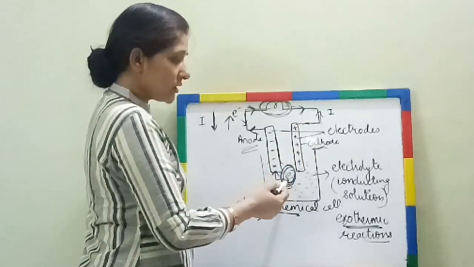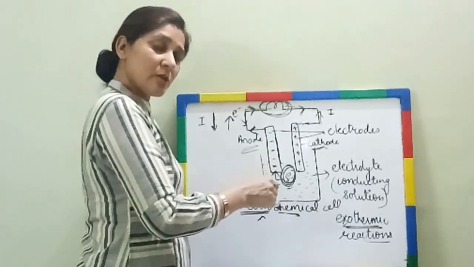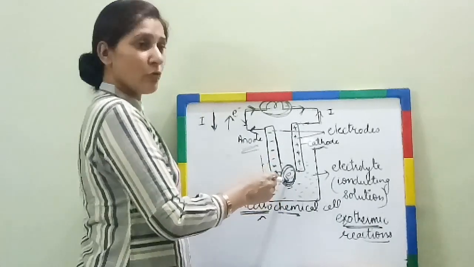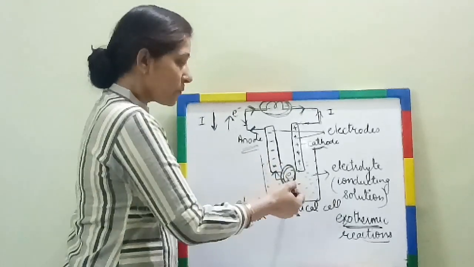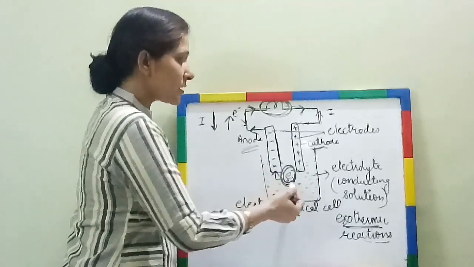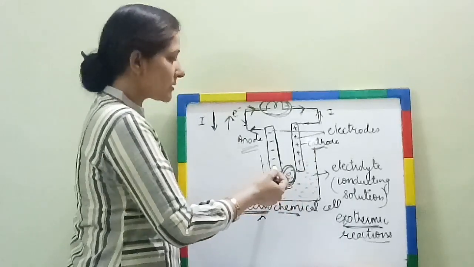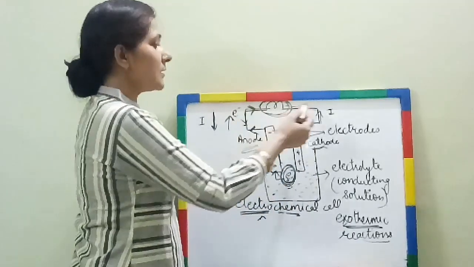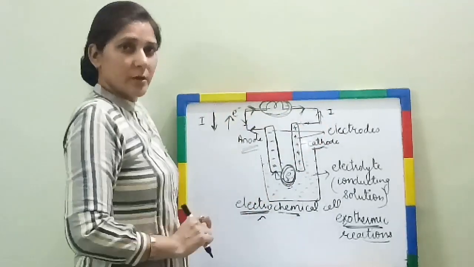When the electron reaches over here, due to exothermic reactions it gets so much energy that it is able to overcome electrostatic forces, and hence it moves towards the negative instead of the positive one. It starts moving again towards the anode and again moves in the circuit, spends the energy and then comes back. This is how a cell works.